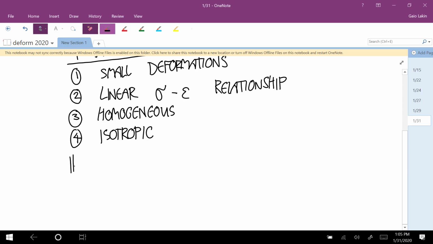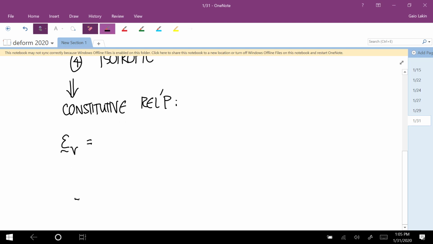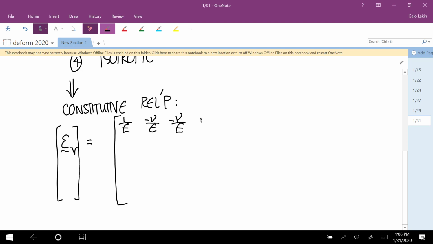And with these 4 assumptions, we get this constitutive relationship between stress and strain that says the Voigt strain, a 6x1, is equal to this compliance matrix that's 1 over E, negative nu over E, negative nu over E, 0, 0, 0, and then keep moving the 1 over E along.